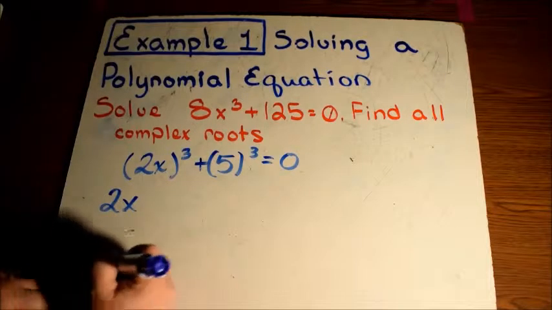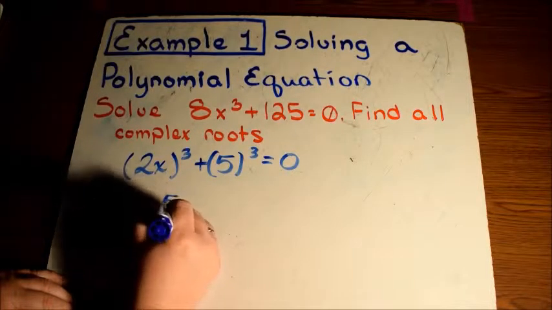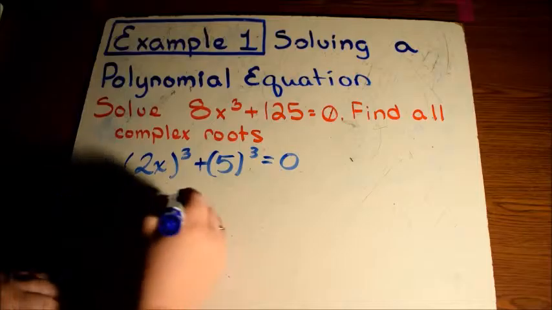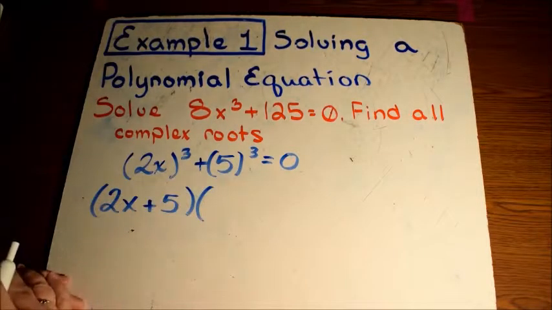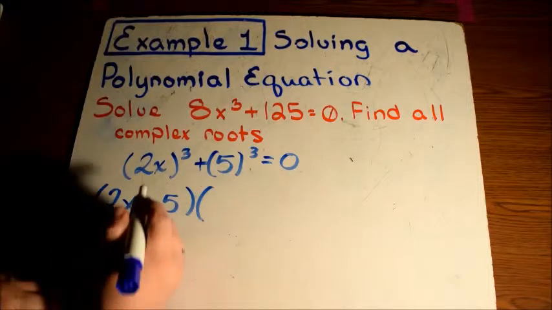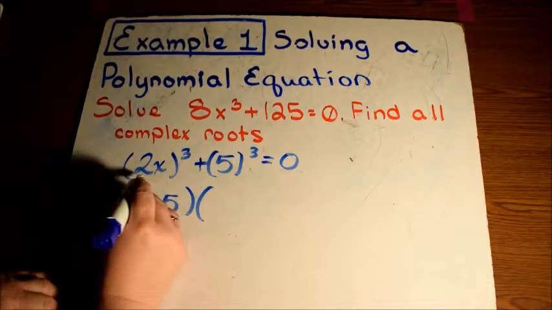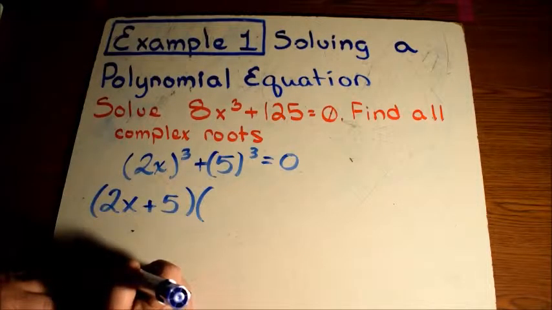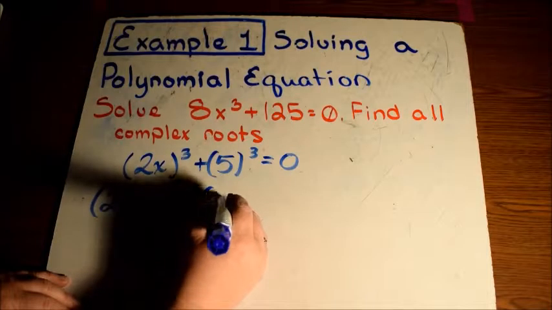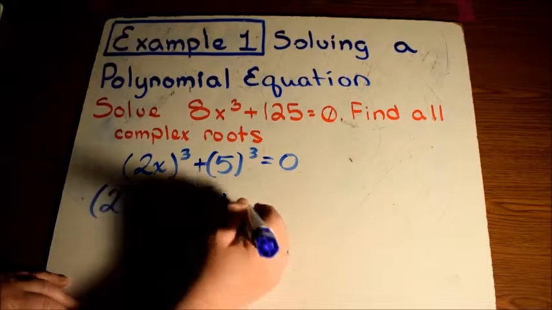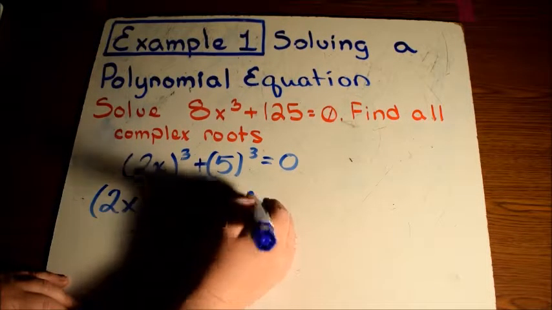2x, or a, plus 5, which was b. And remember, we didn't use a minus sign yet. So we want this thing squared. Well, 2 squared is 4, and x squared is x squared.